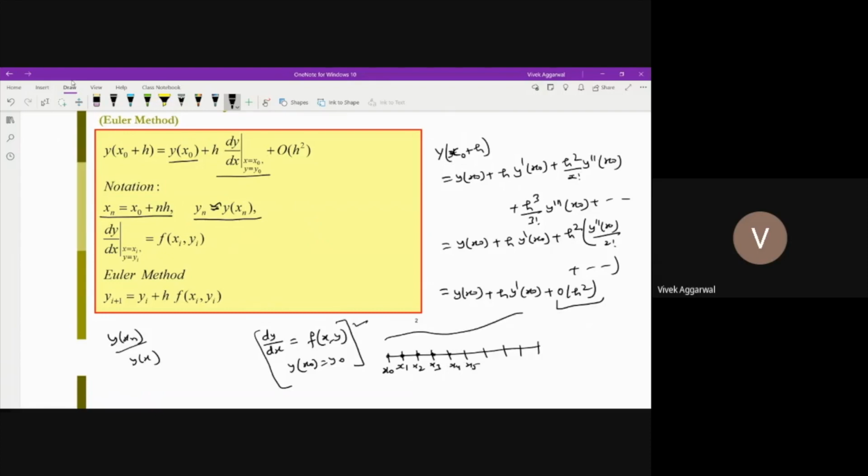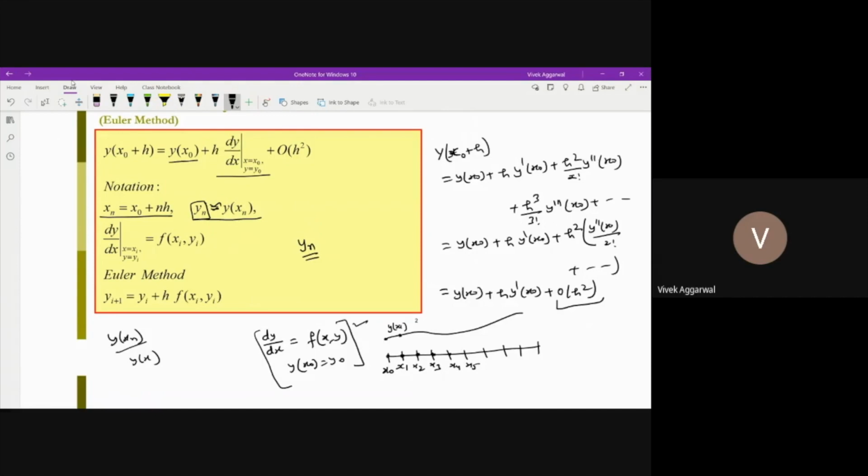At x naught this value is known to me. Then at x1, if I substitute this value x1, I'll get the value y(x1). On the left hand side, this function yn is the numerical solution we are getting at the nth iteration.